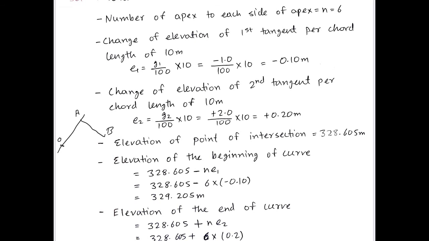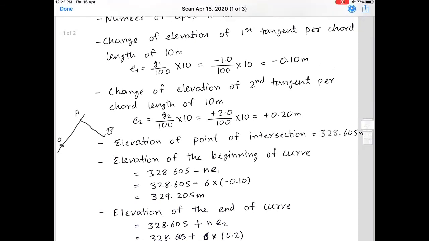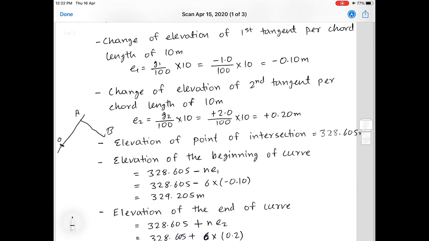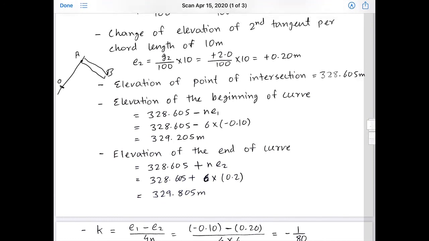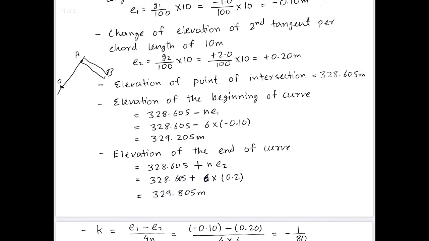So by using this simple formula, we can find out the elevation of beginning of curve, that is of point O, and then we have to find out elevation of end of the curve by using the same formula, that is elevation at intersection. Now here we have to add plus n into E2, by which we'll get the answer equal to 329.805 meter.